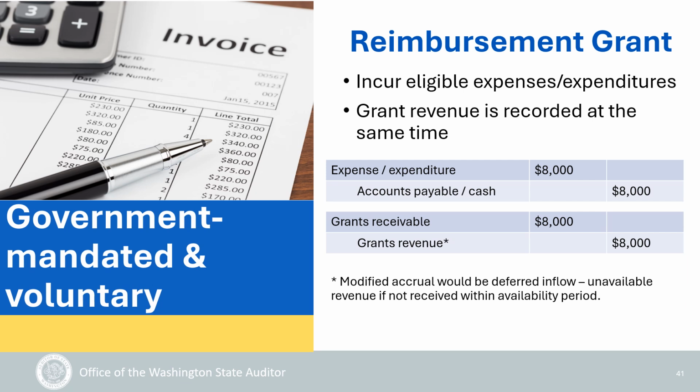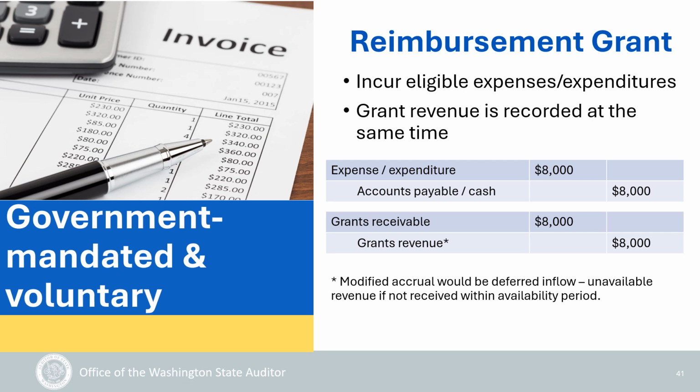We don't have information on contingencies in this example, so we'll assume that there are none. The last eligibility requirement they need to meet is incurring eligible expenditures. This means at the time they incur those eligible expenditures, they have met all the eligibility requirements.